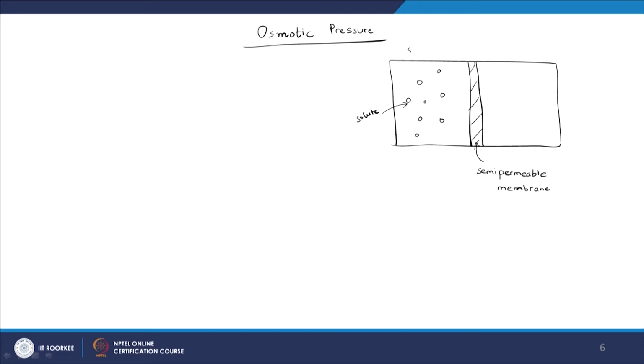So, this is a solution. On the other side, you have a pure solvent that contains no solute particle. We can think of the volume of the solution side to be V, and if I think of the total volume as V tot, the volume of this side is V tot minus V.